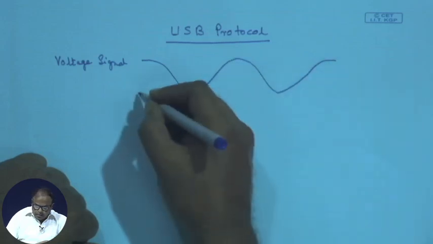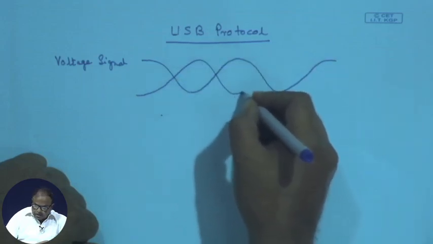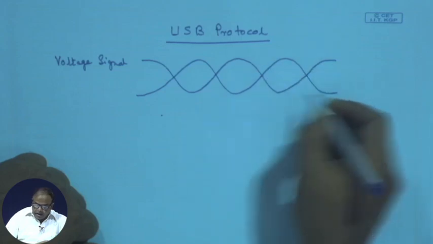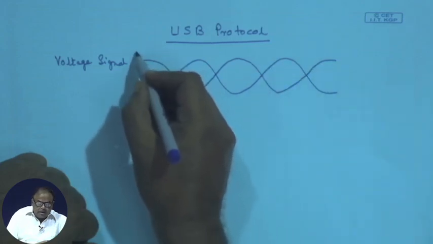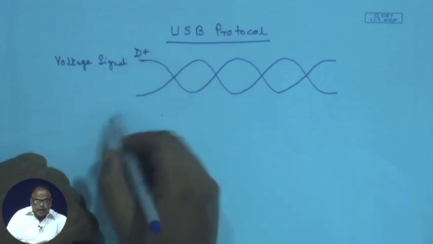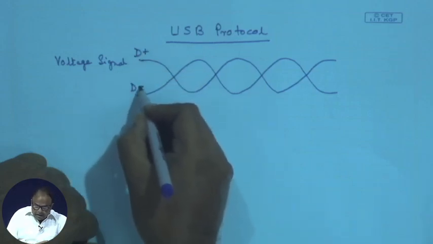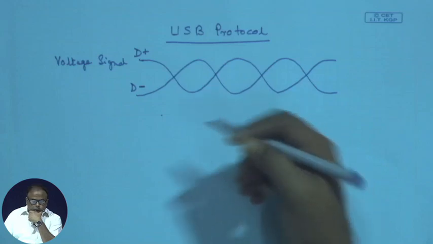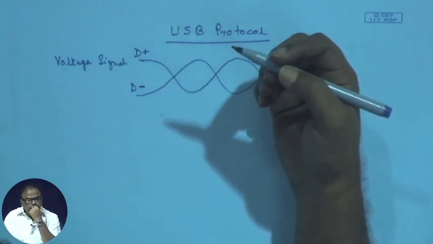Sometimes we use twisted wires also. Say I am sending some data here in a particular phase, and here I send the data in the other phase. Why? What is the reason for doing that?